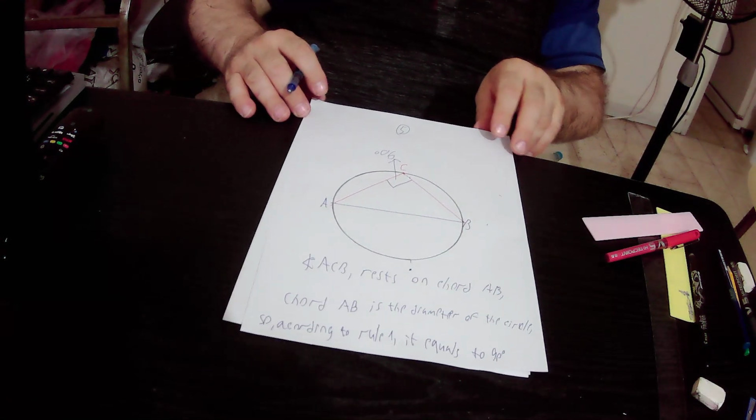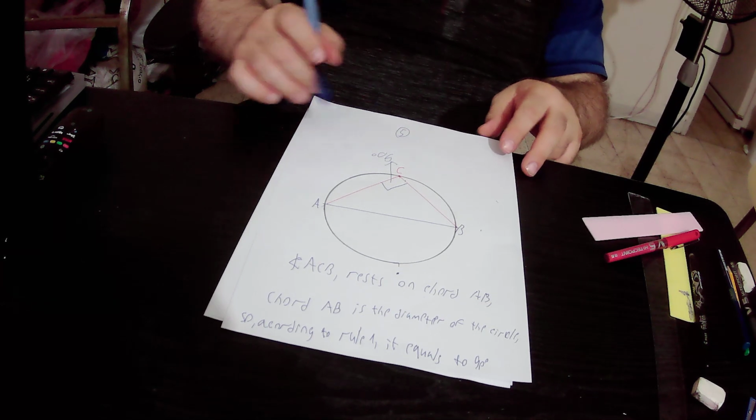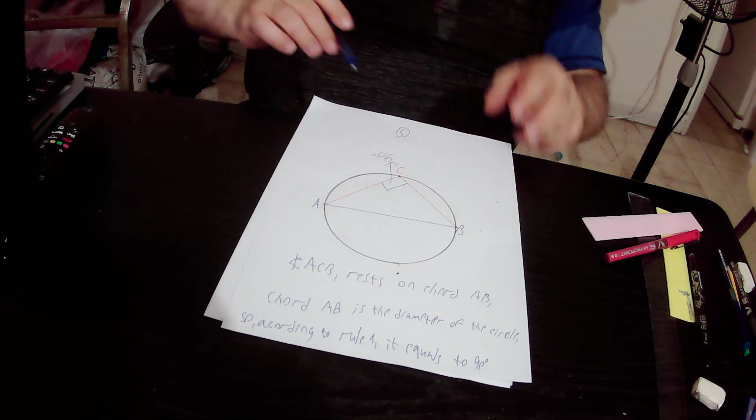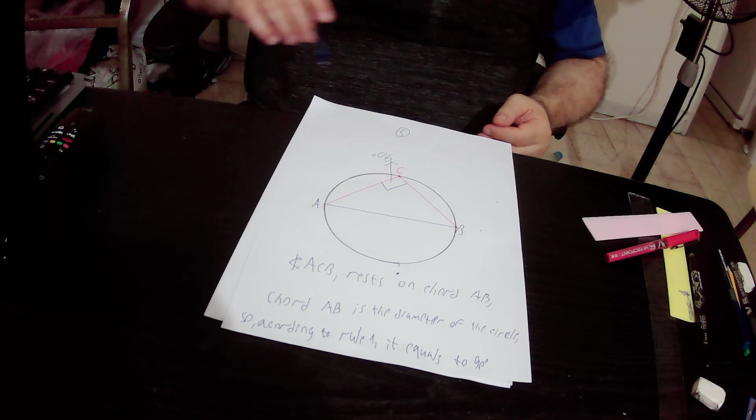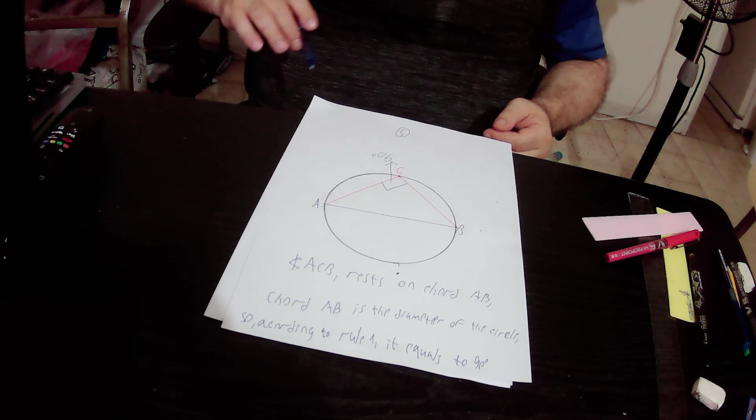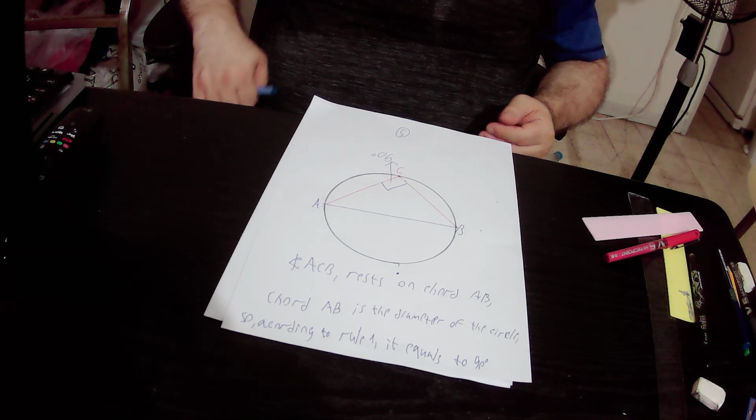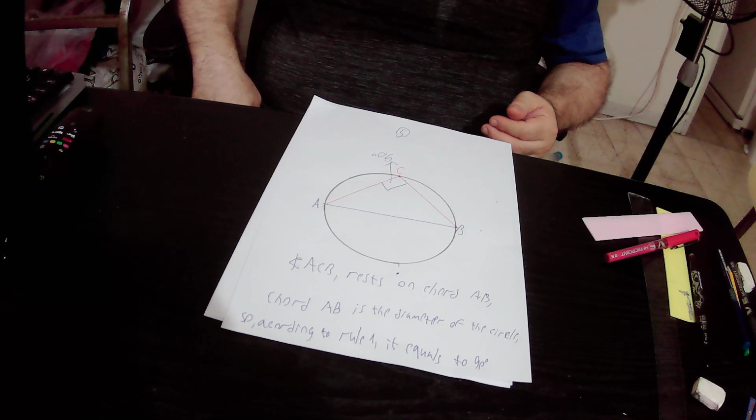So I read again what I wrote. Peripheral angle ACB rests on chord AB, and chord AB is the diameter of the circle, so according to rule number 1 it equals 90 degrees.